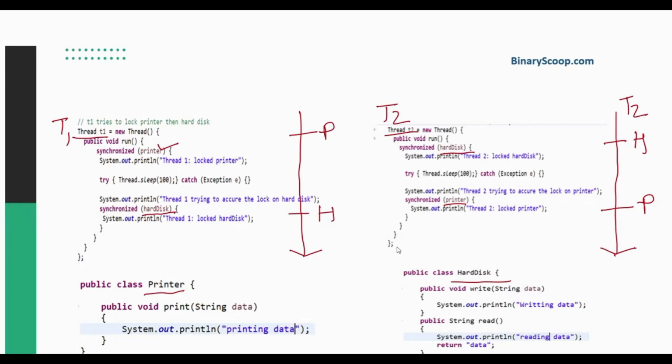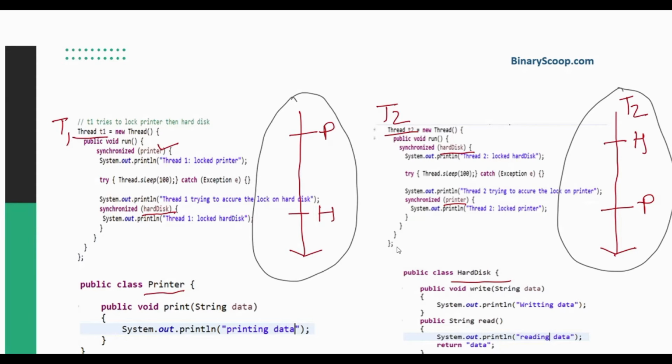So what will be the output when we execute these two threads? We can assume two outputs. One output is that both thread T1 and T2 are able to get the non-shareable resources and complete their functionality. The other way to think about the output is that thread T1 is able to take the lock on the printer but not able to take the lock on the hard disk because the hard disk lock is already taken by T2.